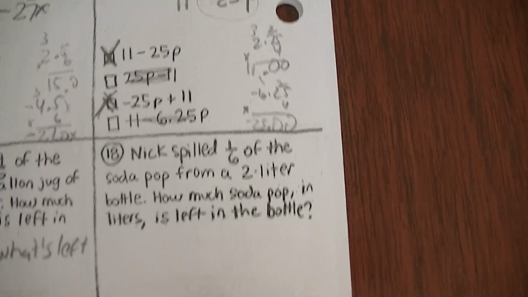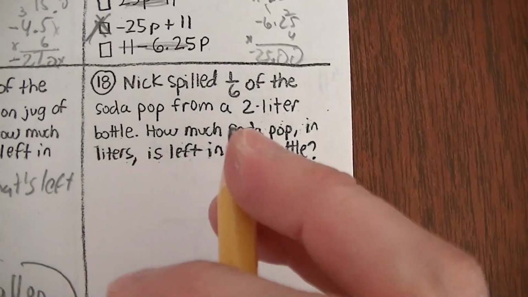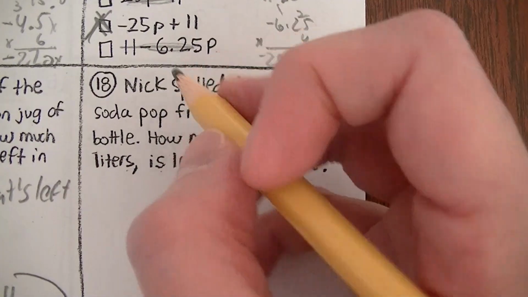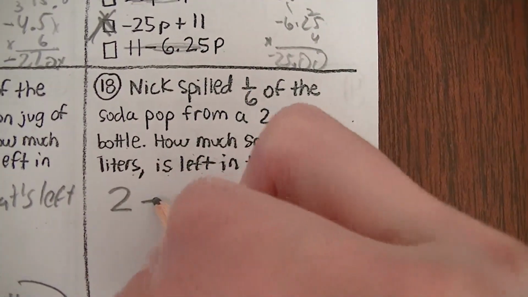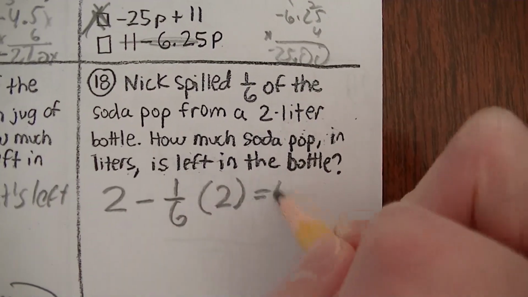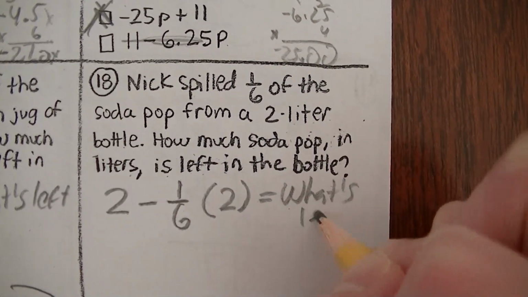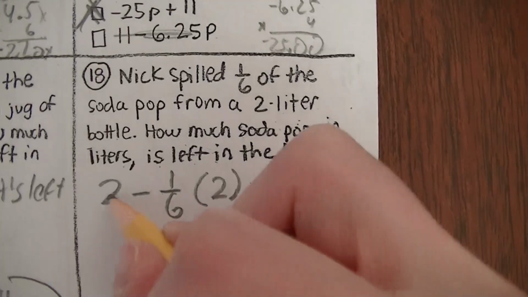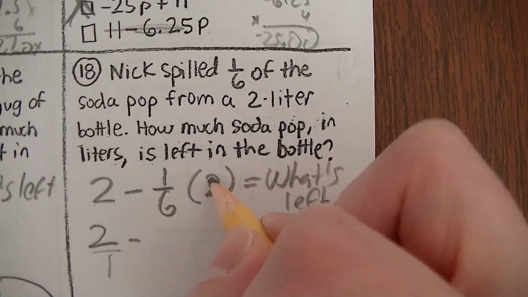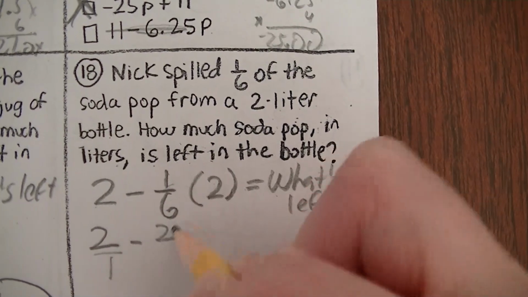Okay. Nick spilt 1/6 of the soda from a 2-liter bottle. How much soda in liters is left in the bottle? Started with this. Subtract 1/6 of that 2-liter bottle, and that's going to give you what's left. So let's go ahead and make it 2 over 1 minus 2 times 1 is 2.